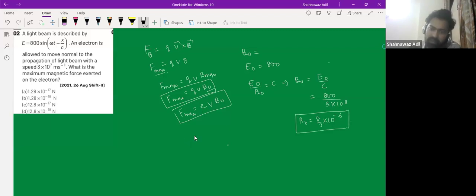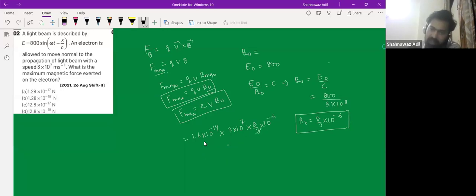We put it in here, so we'll get E is 1.6 into 10 to the power minus 19. V is 3 into 10 to the power 7. And then we have 8 by 3 into 10 to the power minus 6. So we can check what is the correct order.